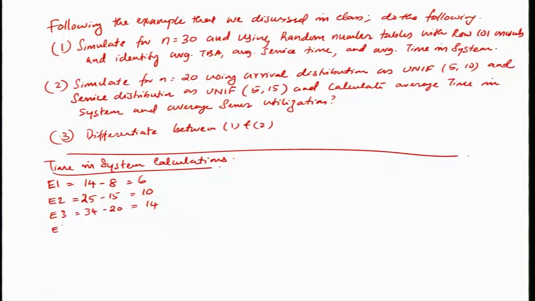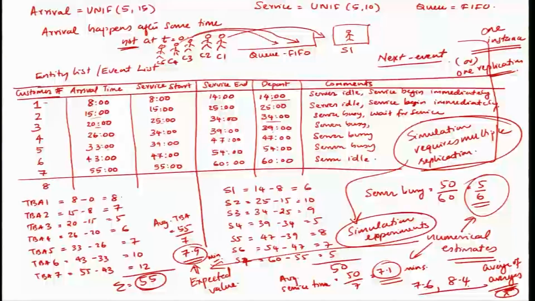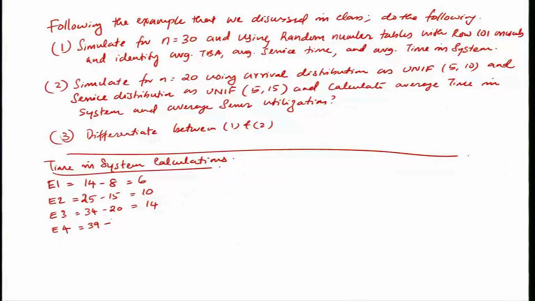Entity 4 left at 39 and arrived at 26, so that is 13 time units.